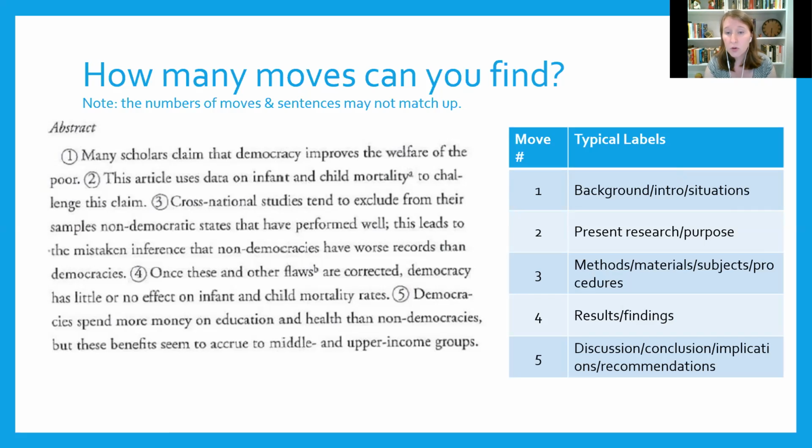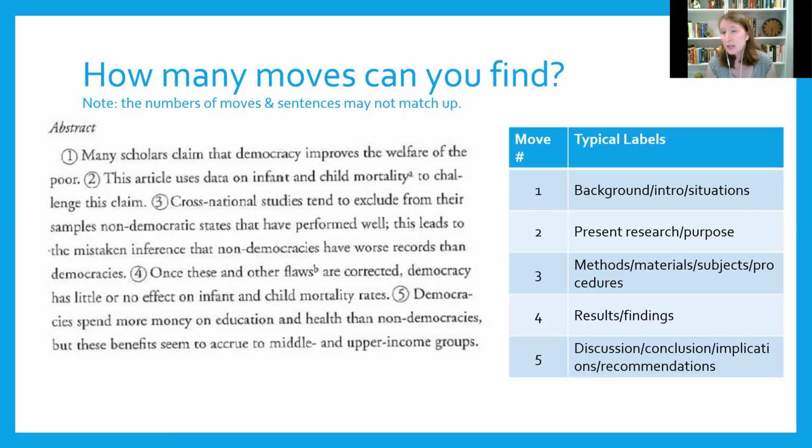Then do we have anything for move number 5 about recommendations or implications or anything like that? So I know we're running close on time, so I'm just going to move on and say, I don't really think there's anything in here that I would say is a specific recommendation per se, although you could argue that we can find an implication in number 5, which would be who the benefits tend to go to.